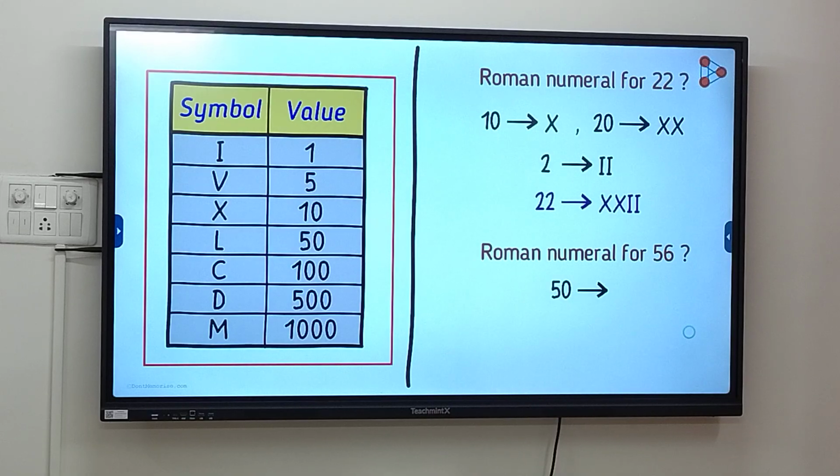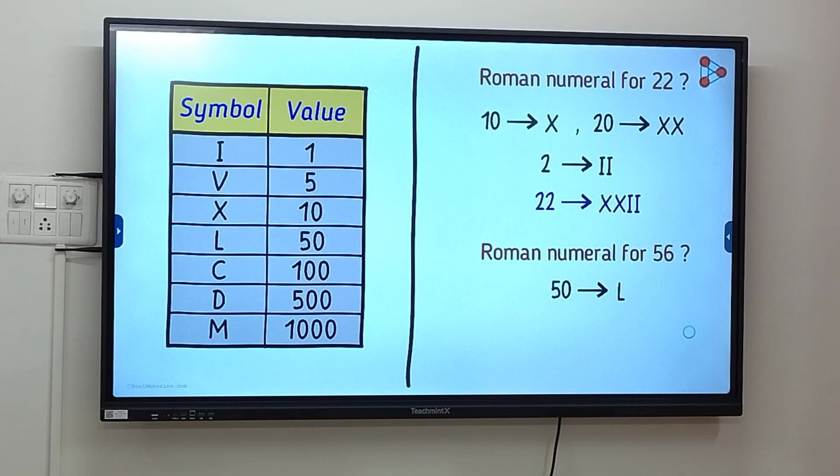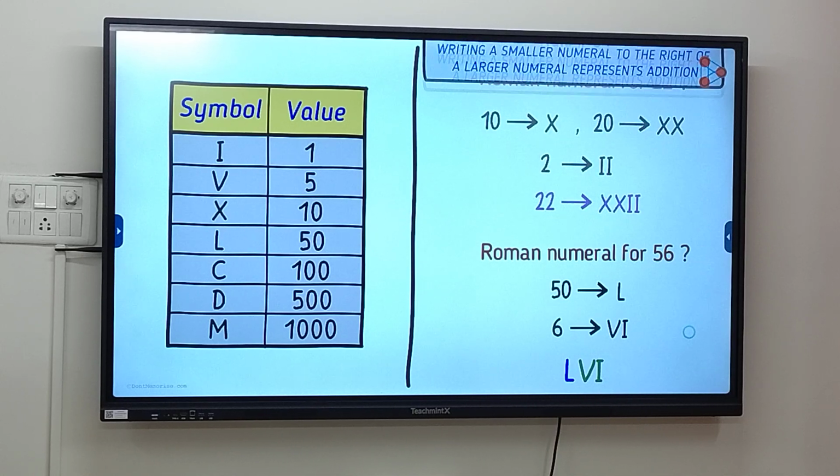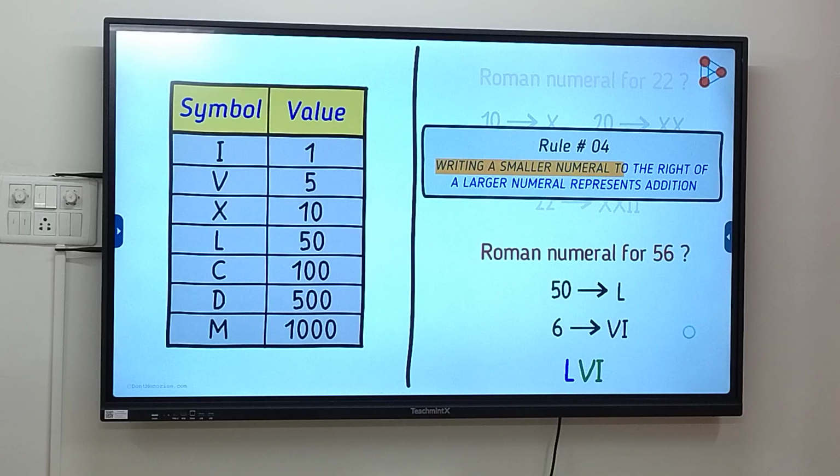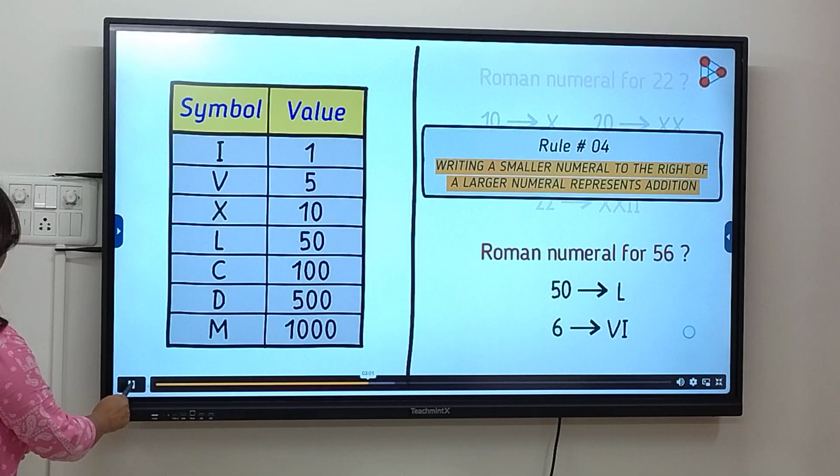Look at this table. This is the Roman numeral 50. Now we have to write the Roman numeral 6. Where do we place it? The Roman numeral 6 is written to the right of the Roman numeral 50. Can you tell me why? Yes, we apply the rule: writing a smaller numeral to the right of a larger numeral represents addition.